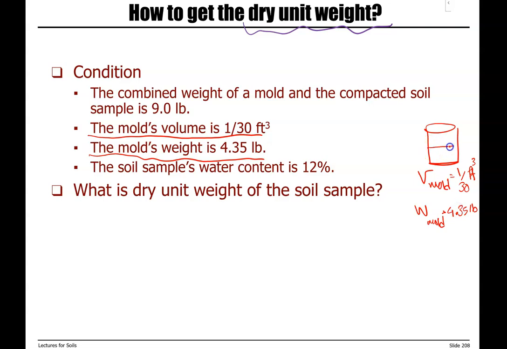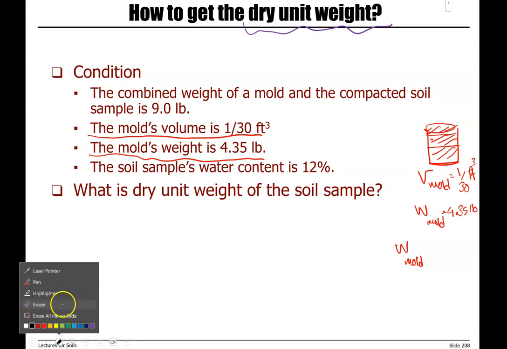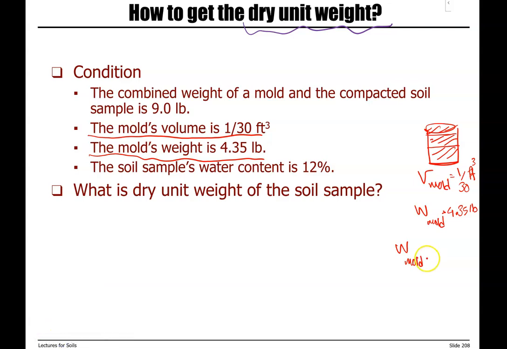Then we compact soil in 3 layers. And now weight of mold plus compacted soil is 9 pounds.